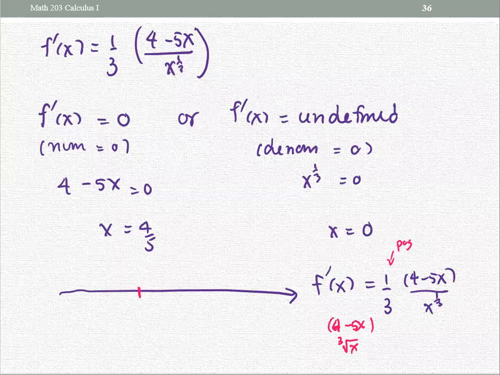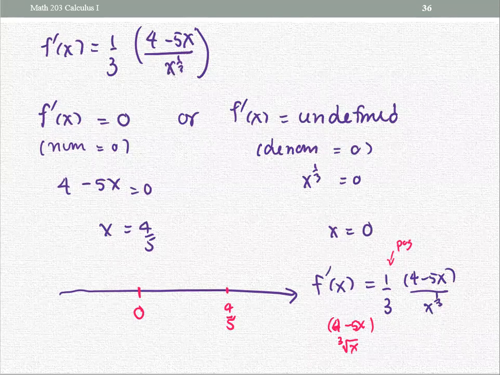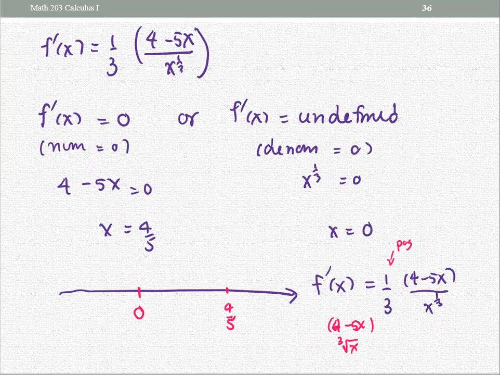I locate the two critical numbers, 0 and 4 over 5, and take any number greater than 4 over 5, for example the value 1, an easy number. If you put 1 in here, it makes this factor negative.